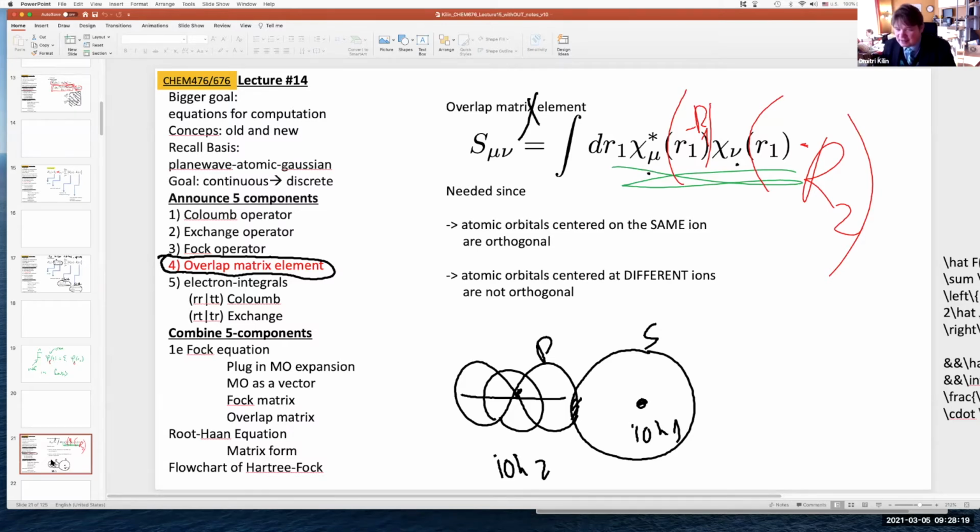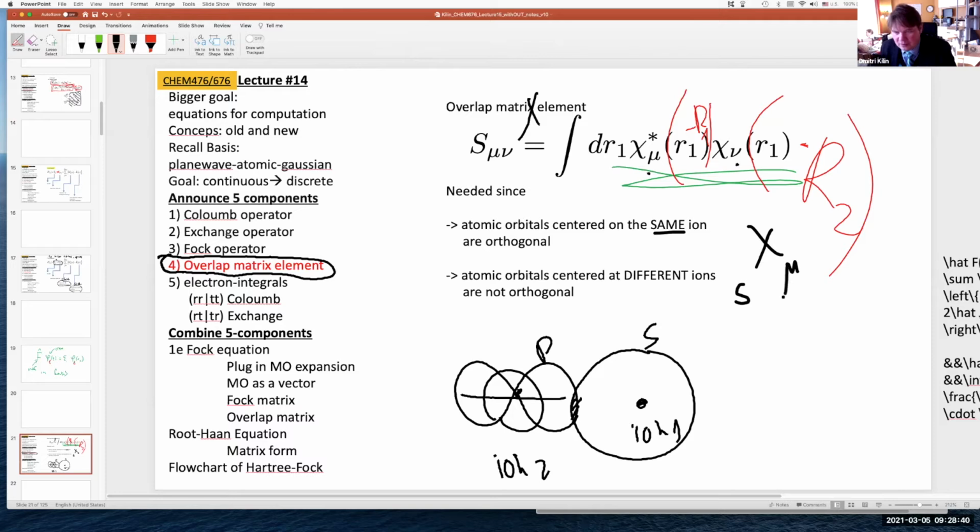But the situation is getting different if atomic orbitals are localized on different atoms. So for the same, it is already written. For the same, it will be the integral of chi mu star chi mu dr, which will be equal to either 0 or 1 if it is the same ion.